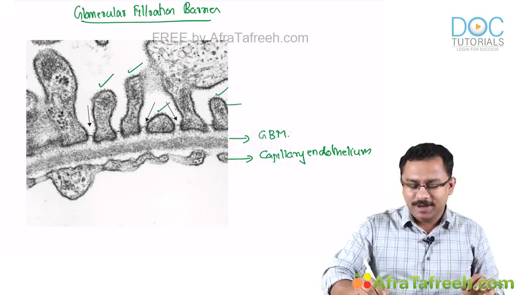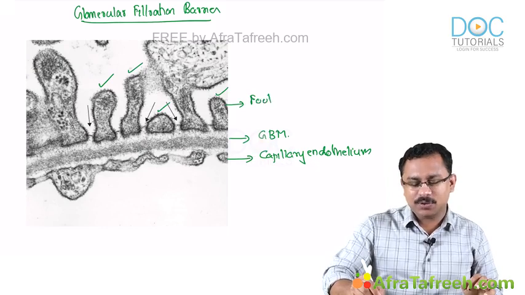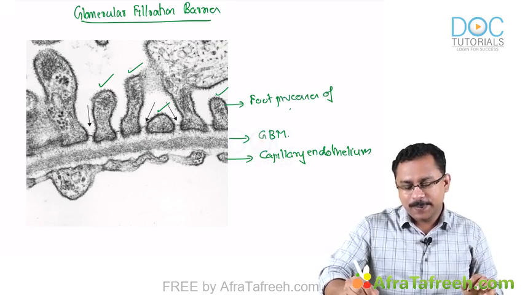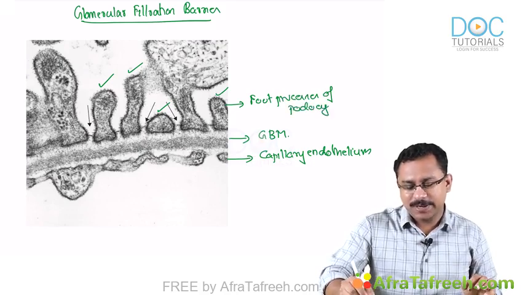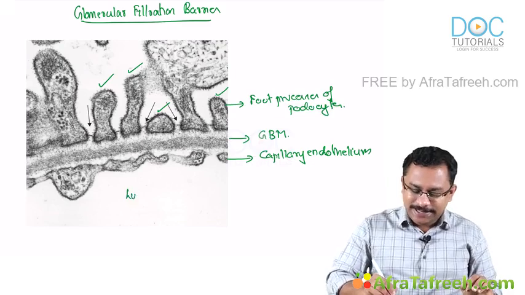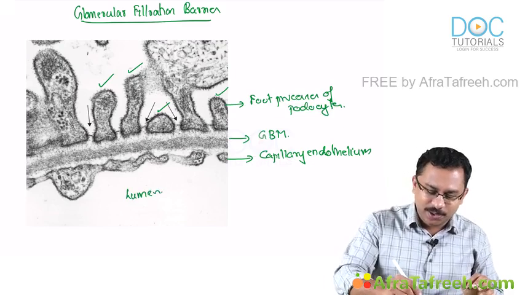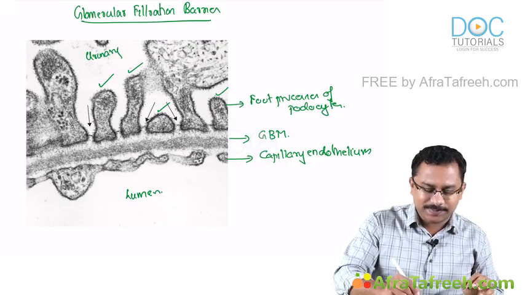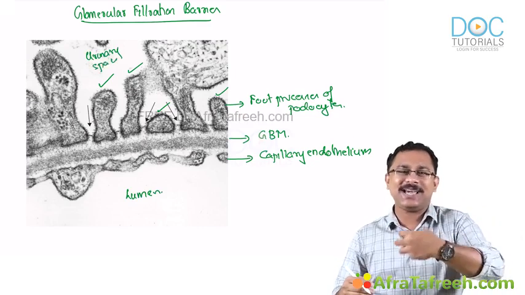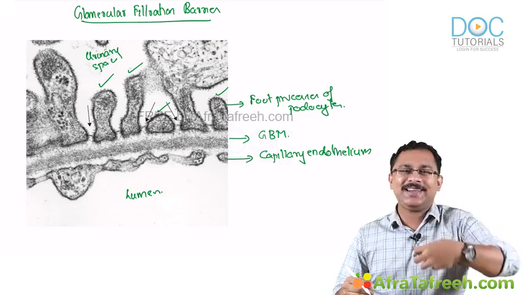Yes, they are the foot processes of the podocytes. Very clear. And this is the luminal side, and this will be the urinary space. And filtration has to occur from this capillary lumen across the barrier, and it goes to the other side.